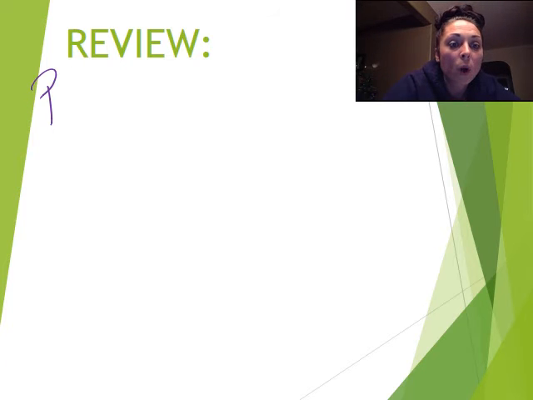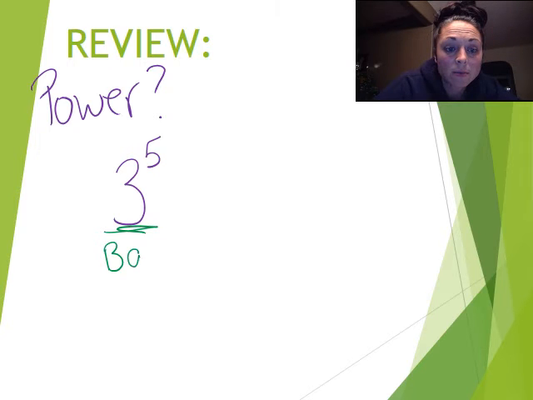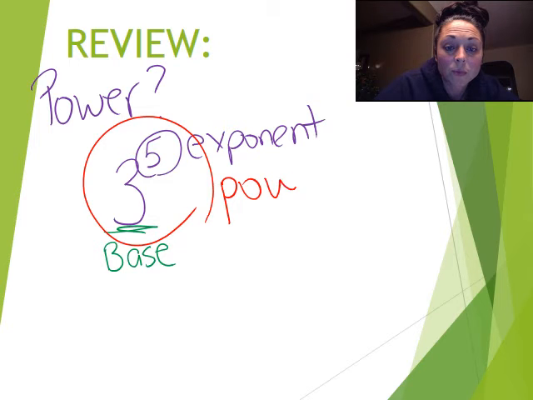We've discussed what is a power. And within the power, it means if I have 3 to the power of 5, I know that this is my base. This is my exponent. And the entire thing is called a power.